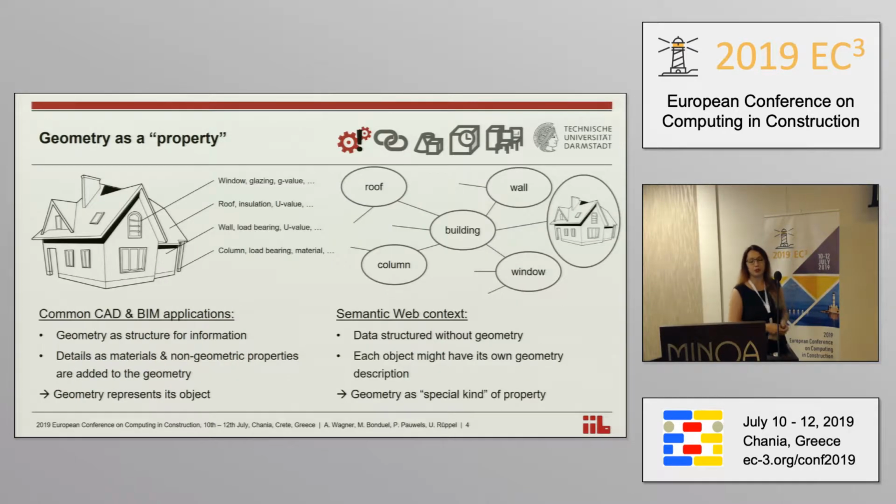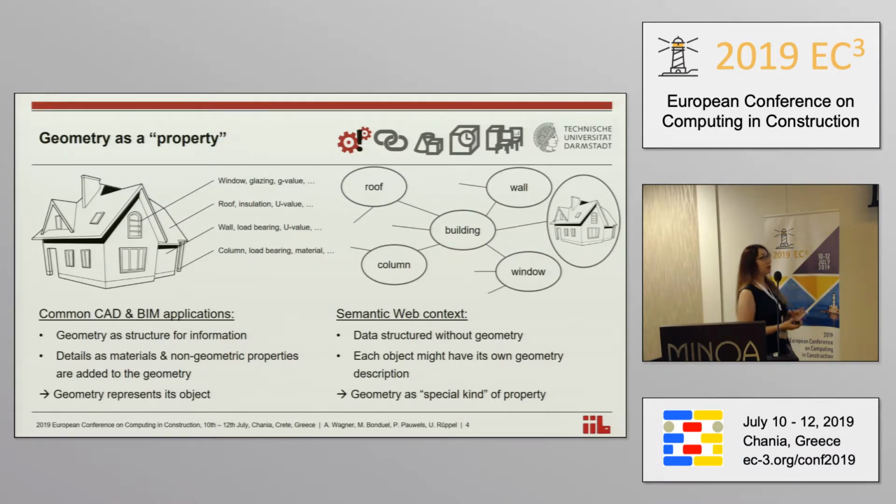Before I go to the solution, I will also talk about this one definition from the side of the semantic web versus the side of BIM, common BIM geometry descriptions. In BIM, you usually have the geometry and you attach the information to the geometry. In several cases, this is not needed or feasible.